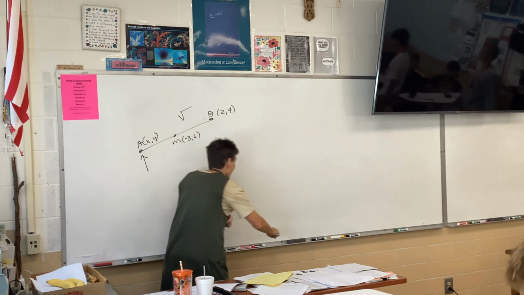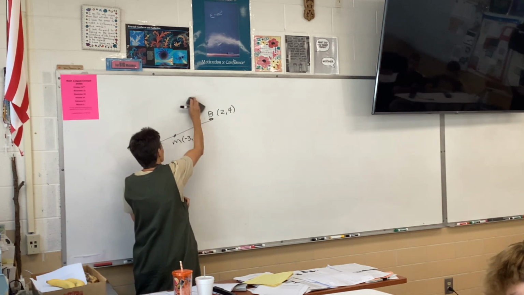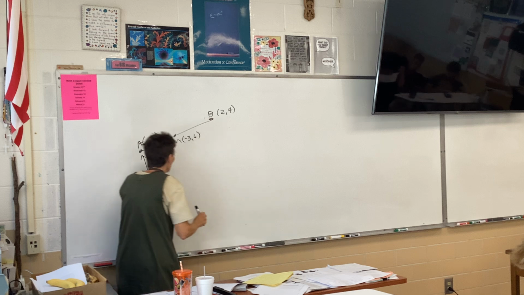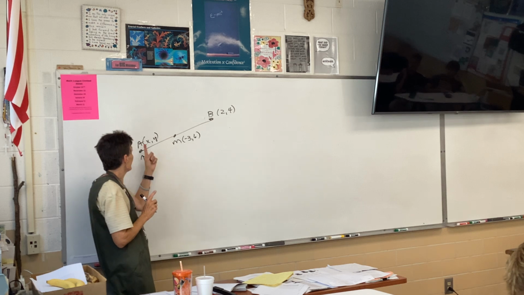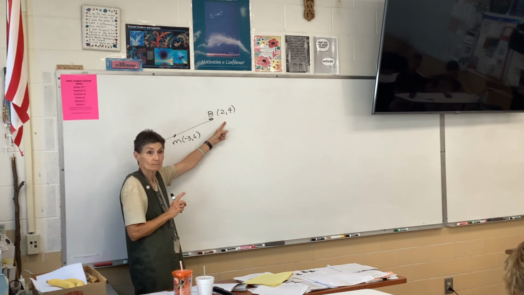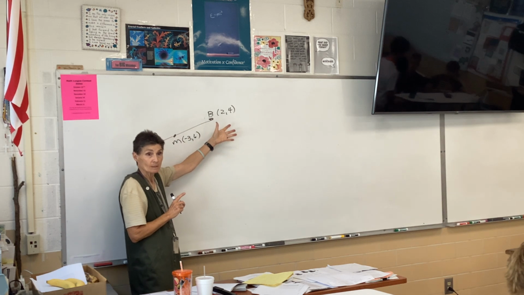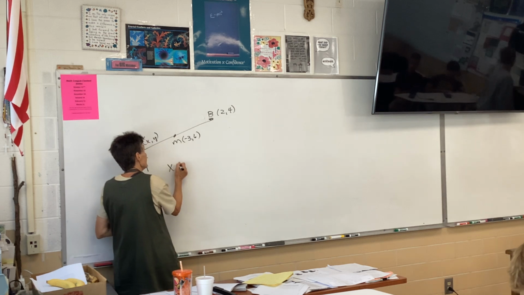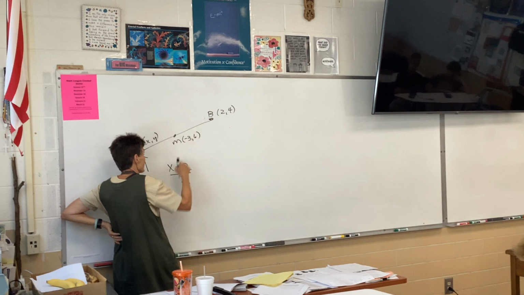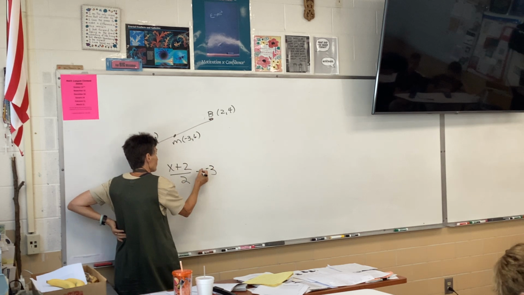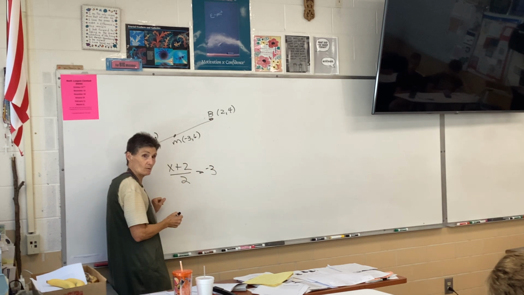It is average. So we know that -3 has to be the average of x and 2, right? So the average of x and 2 has to be -3. Can I solve that equation?